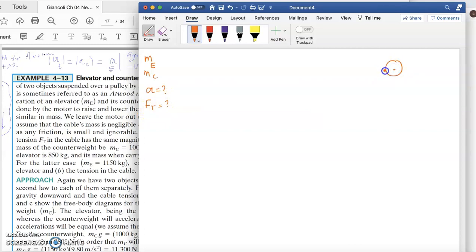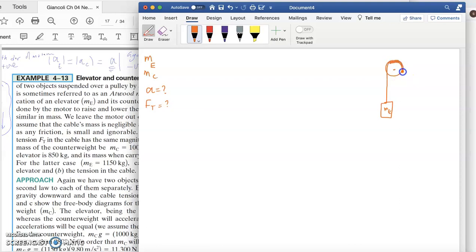This is the pulley, and this is the cord, which is weightless, and the pulley is frictionless, and this is the elevator. So this is ME, and this is the counterweight. It is all the same cord.